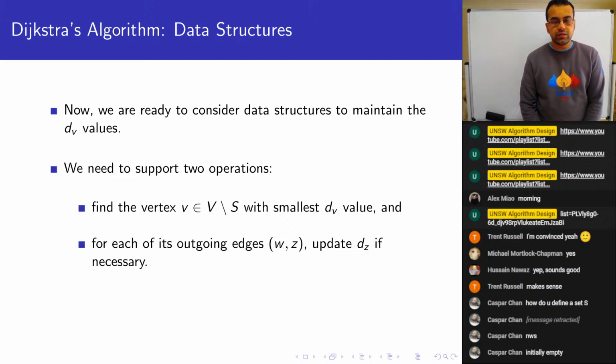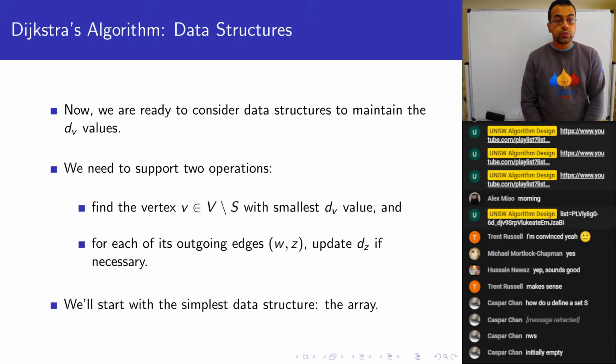That should be VZ, not WZ. My apologies. For each of its outgoing edges, update DZ if required. So for each outgoing edge from the new vertex V, we need to make some updates. So we need to find the minimum DV value, considering only vertices outside S, and we need to make some updates.